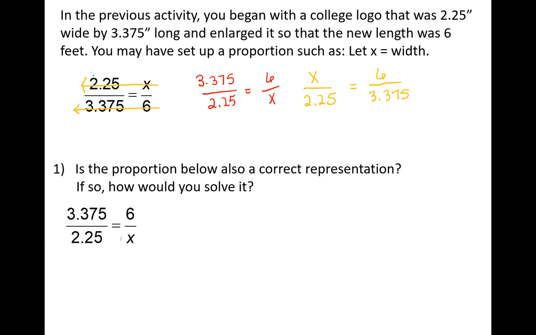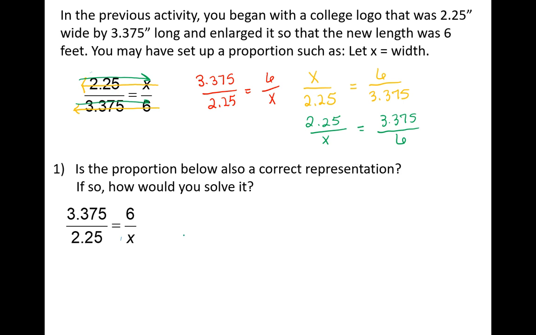We could go this way. That would be 2.25 over x and 3.375 over 6. Notice when I cross multiply, I still get the exact same thing. I get that 3.375 times x is going to equal 13.5.